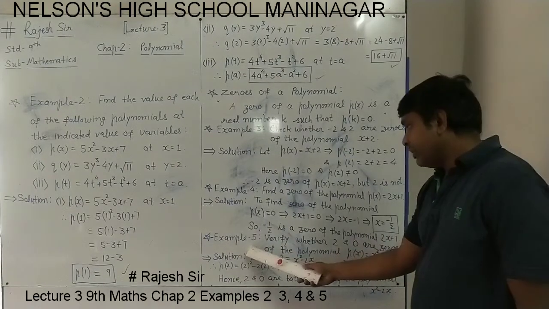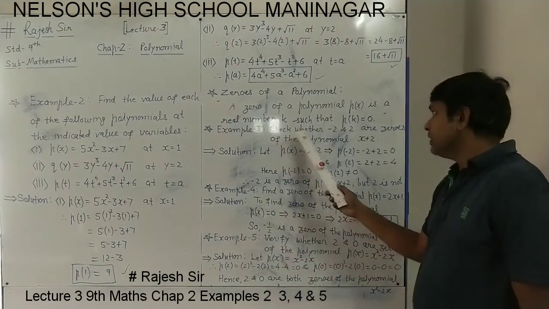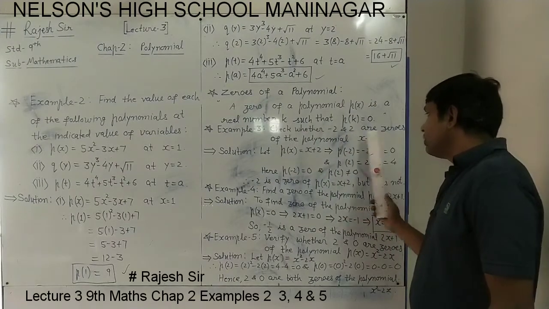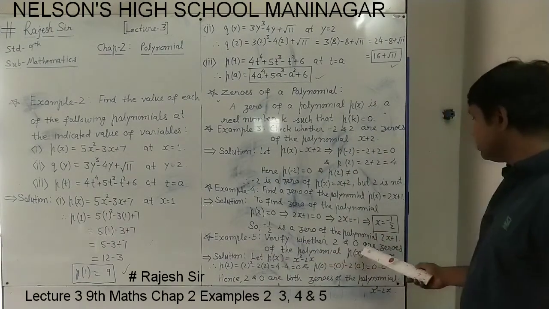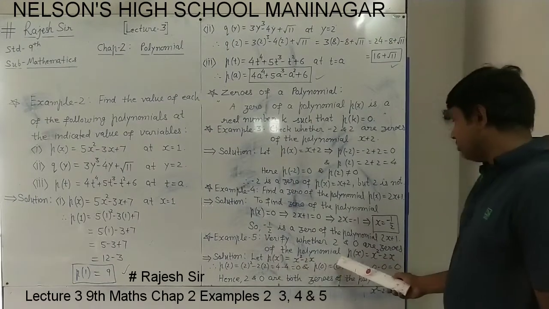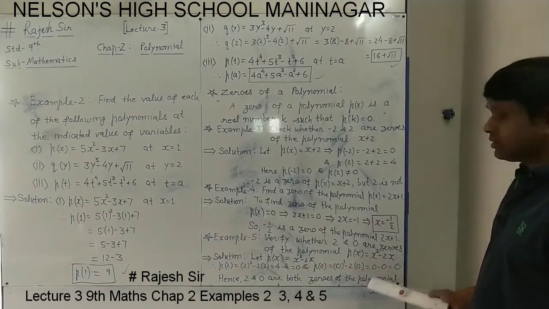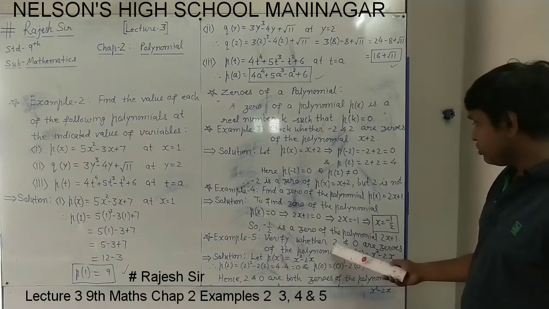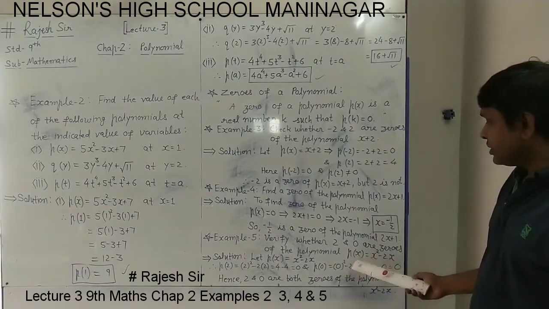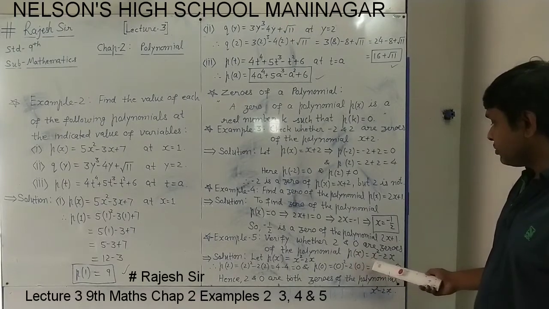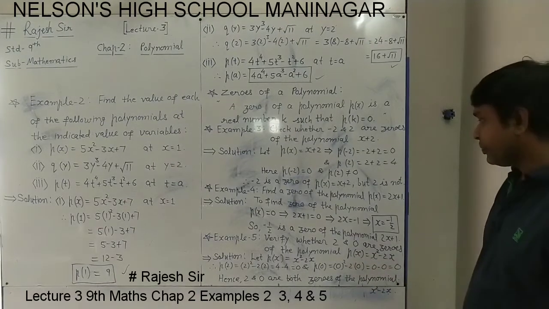Now example 5. Like in example 3 we checked whether -2 and 2 are zeros of a polynomial, similarly here, verify whether 2 and 0 are zeros of the polynomial p(x) = x² - 2x. You have to check that these two real numbers, 2 and 0, are zeros of x² - 2x or not.